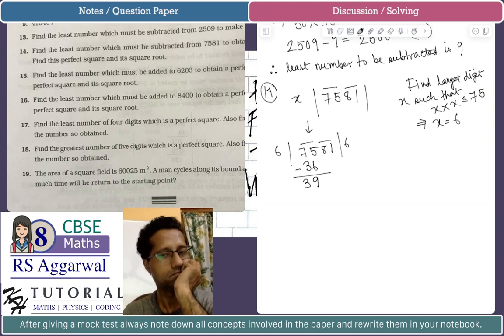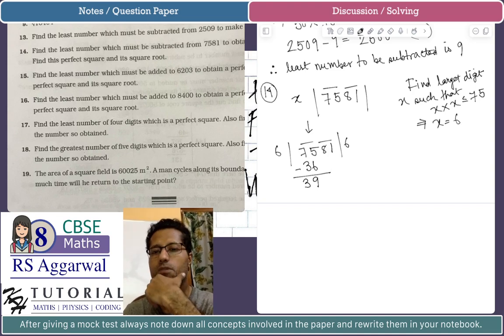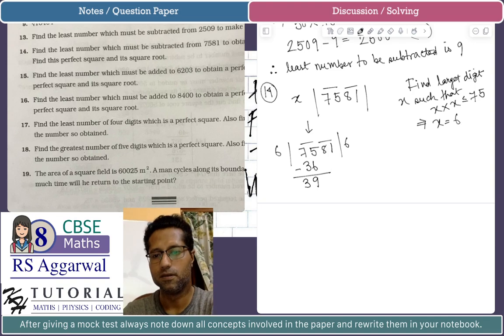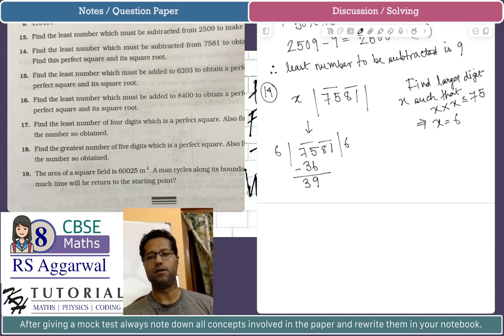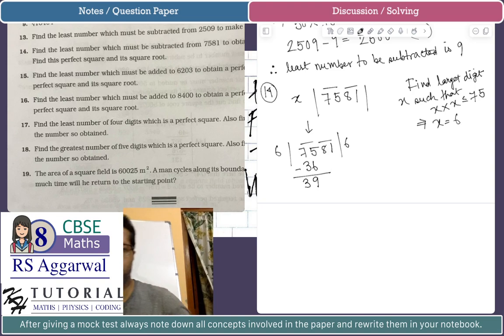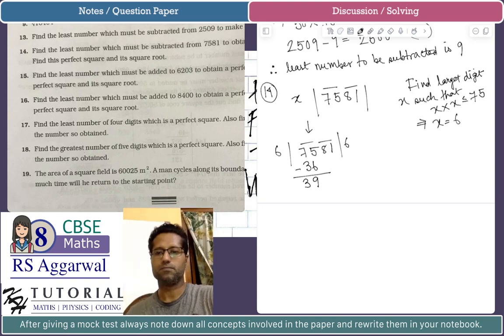But I think before bringing down the next period, this remainder will be the dividend. Why is this so?